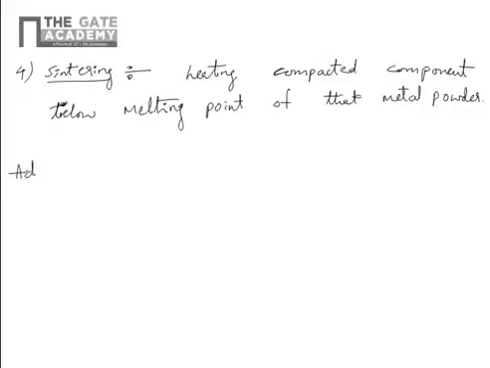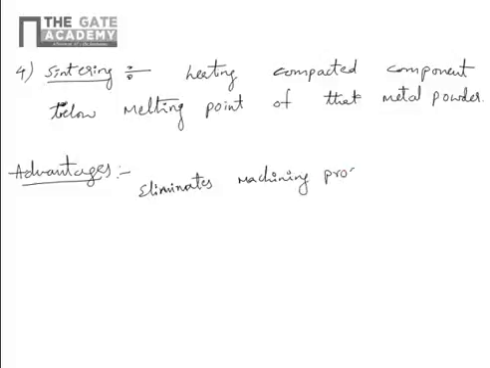So, advantages. What are the advantages of a powder metallurgical component? It eliminates machining processes, because we are not doing any machining. High production rates. Complex shapes cannot be produced, that is a disadvantage, which we will discuss anyway.